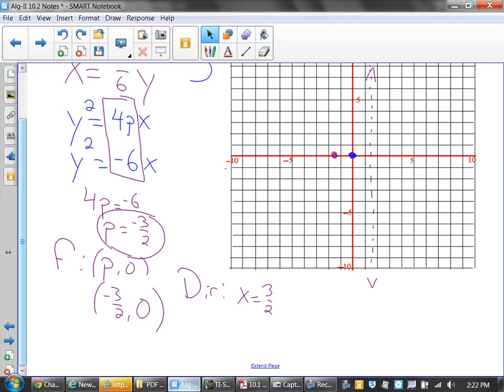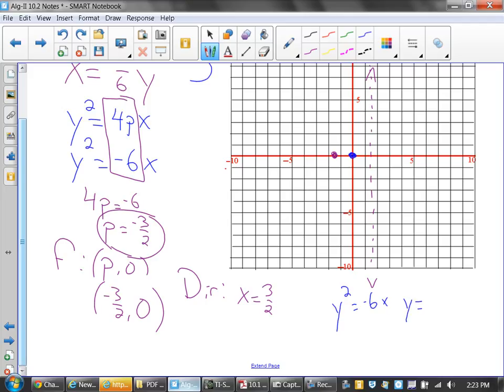The last bit is to now go to my calculator to figure out an ordered pair that works. So here's what we've got. We have the following equation. Y squared equals negative 6x. In order to get that into the calculator, it has to be y equals. So I square root it. Whenever you take a square root over an equal sign, what do you have to do? Plus or minus. So I have plus or minus the square root of negative 6x.